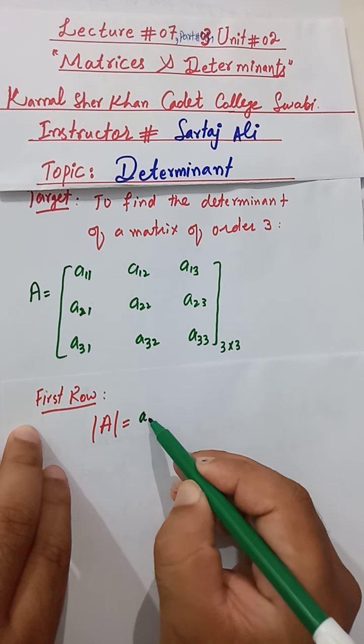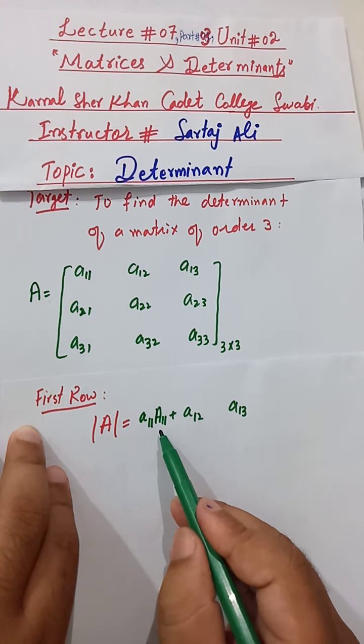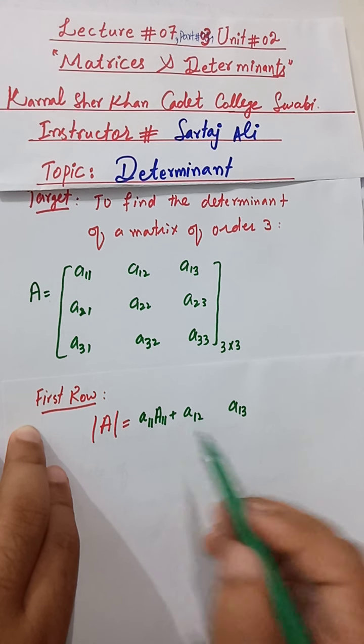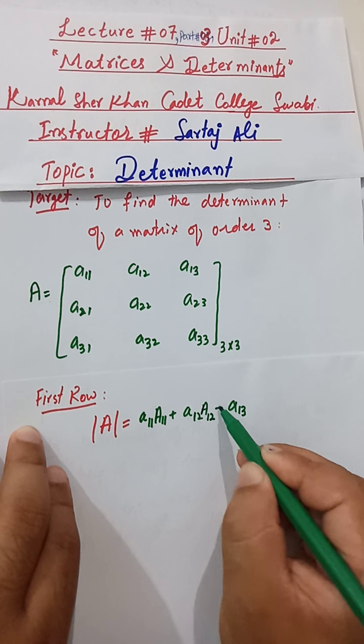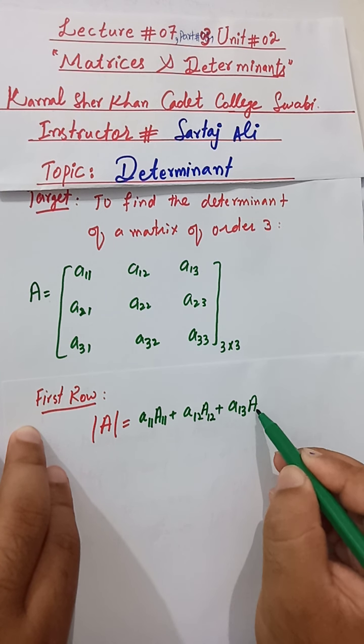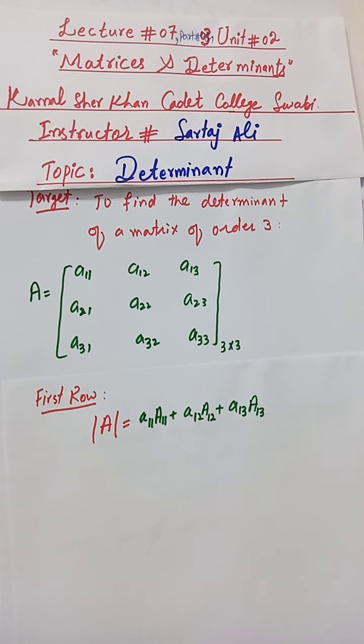We discussed cofactor in the last video lecture. Each element of this row will be multiplied with its cofactor, and there will be addition. The cofactor of A12 will be capital A12 and the cofactor of A13 will be capital A13. This is the formula used to find the determinant of matrix A using the first row.